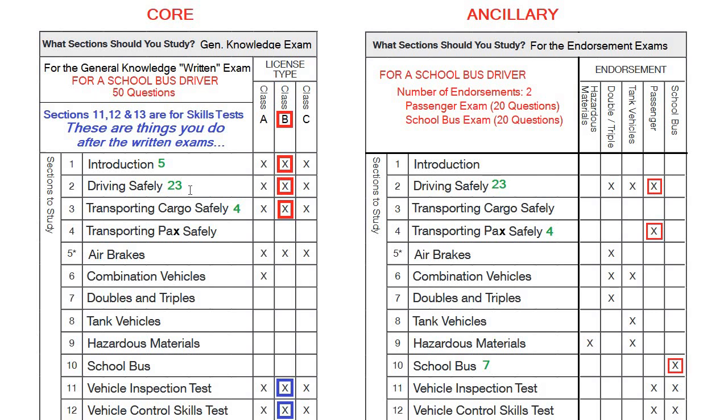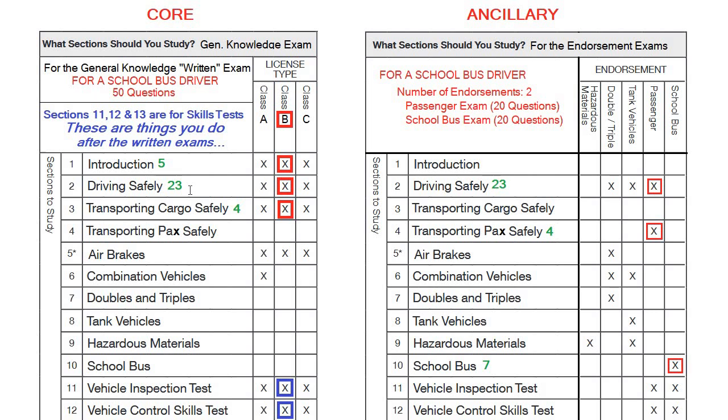Now, what you want to do is check your CDL manual for those 3 sections and see if those sections have tests. I think with most of the state manuals, most of them have the questions for section 2. Some states have questions for, this is my experience, section 1 and section 3.